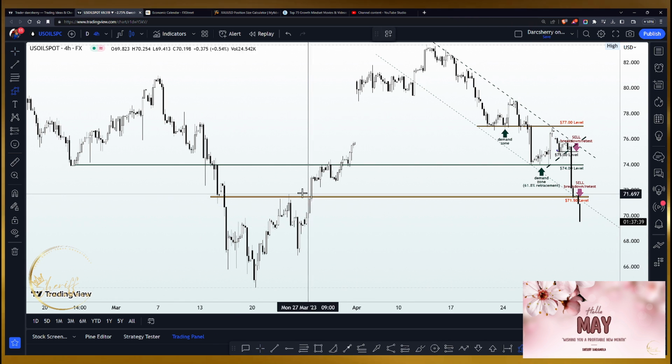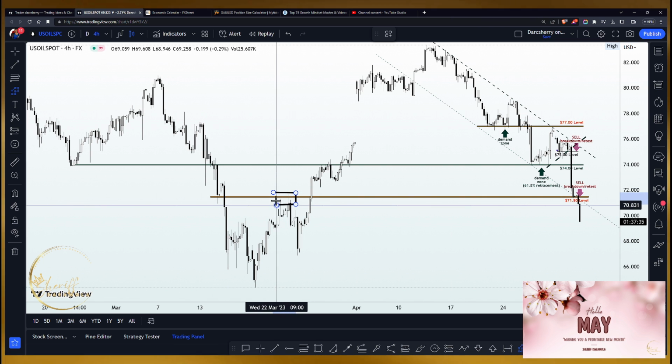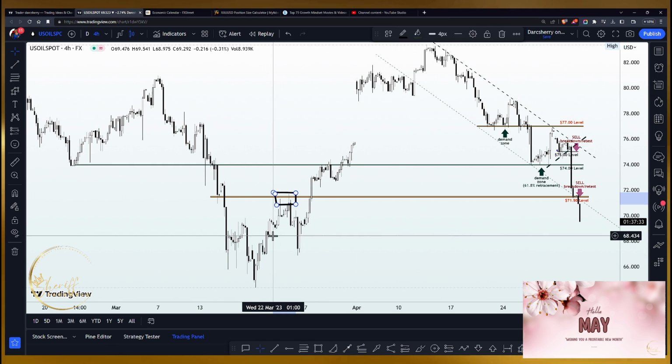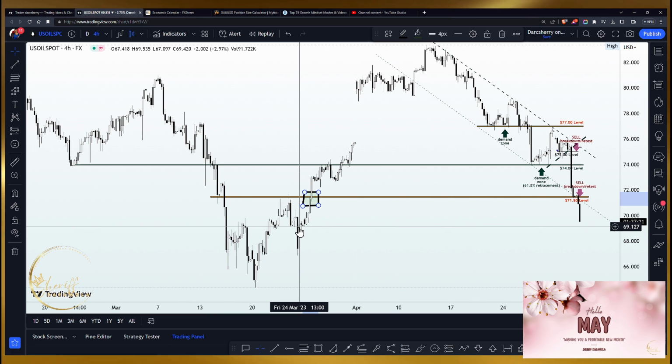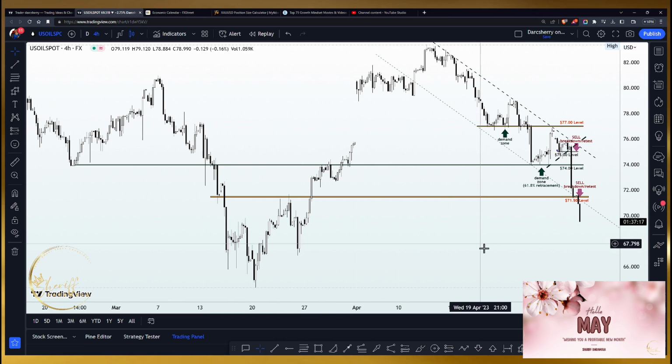Then we also saw here in the month of March how this level was serving as a very strong selling niche in this market. Then we saw the breakout of this level at the end of the month of March, the breakout of the structure in the early days of the month of April, and since then price action had remained above the $71.50 level.